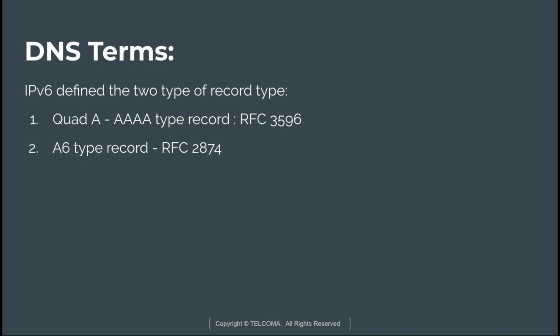The A6 type record is designed to make renumbering of networks and prefix changes easier for the network administrator. The other DNS records, like NS records and PTR records, remain unchanged as they are also present in IPv4. So only these two support the changes for the IPv6 network, that is quad A and A6 type records.